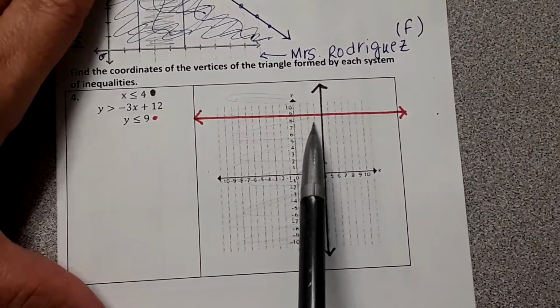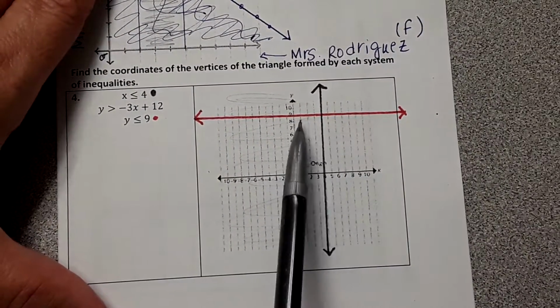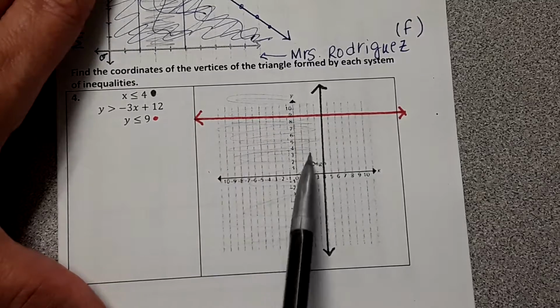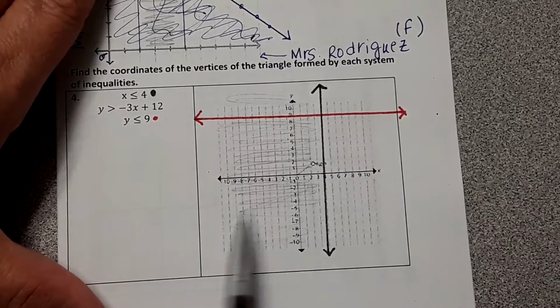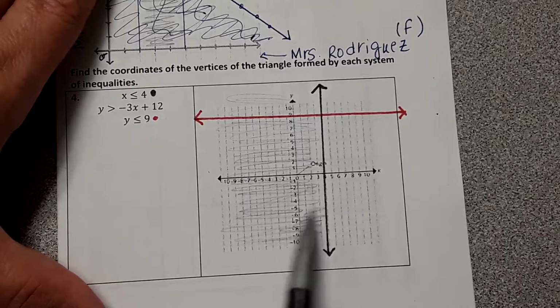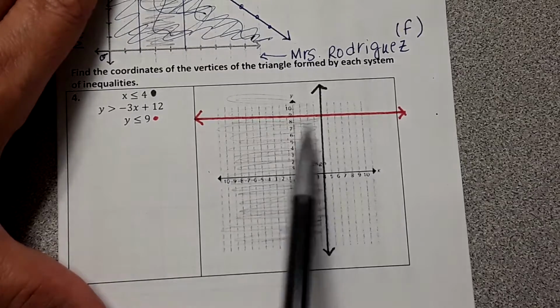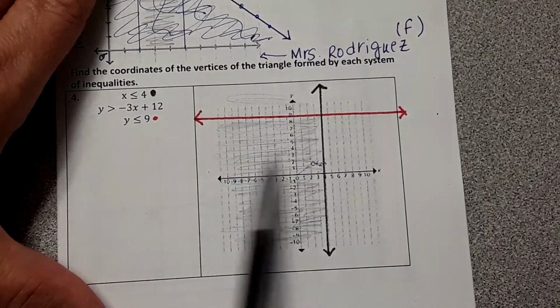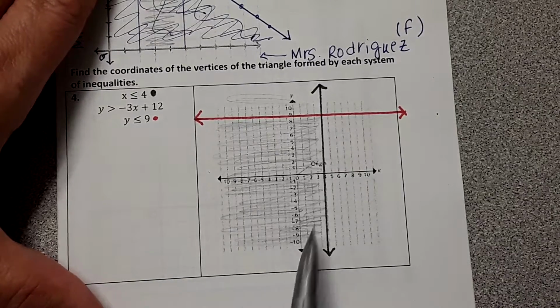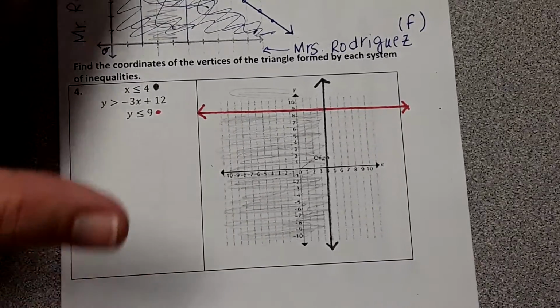Okay, so again, now you can see where I'm shading. I'm going to make it a little bit darker now, because that's where they intersect.